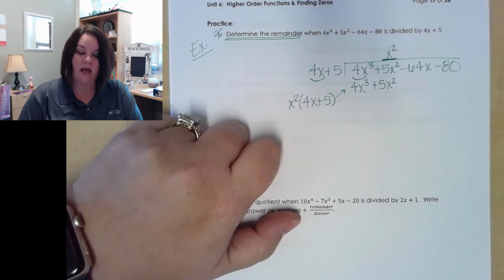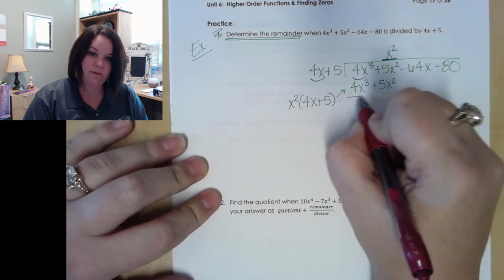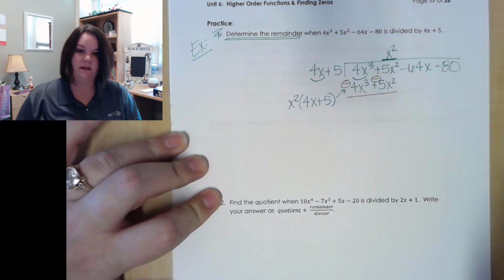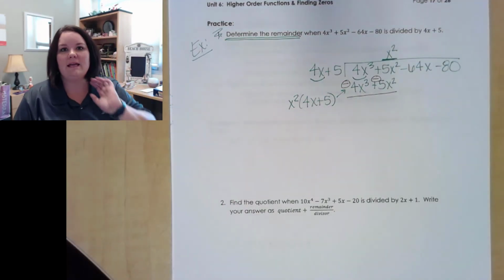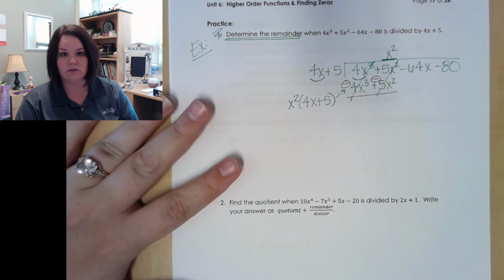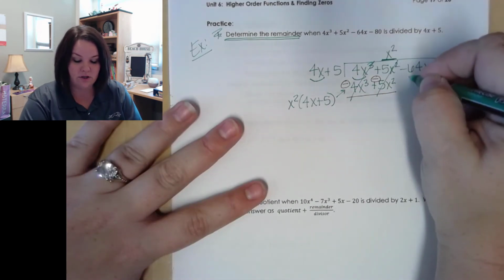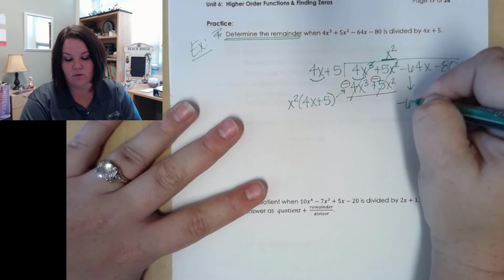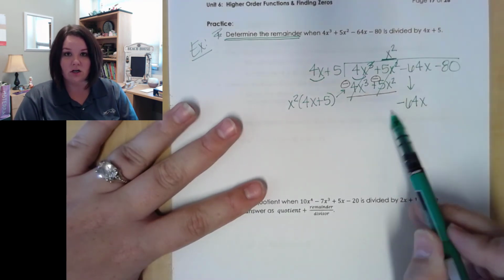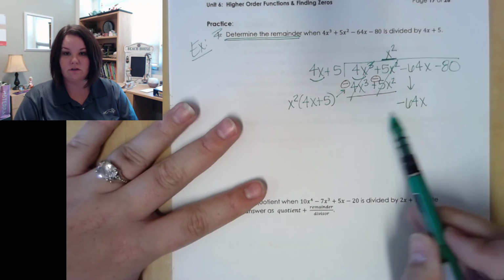Then I draw my line and change my signs. That makes this a negative and this a negative. And notice if they both become negatives, then they both become opposites and they both cancel out. So I bring down my next term, which is negative 64x. Now notice since I didn't have a term left over here, I don't have 2 terms, right?